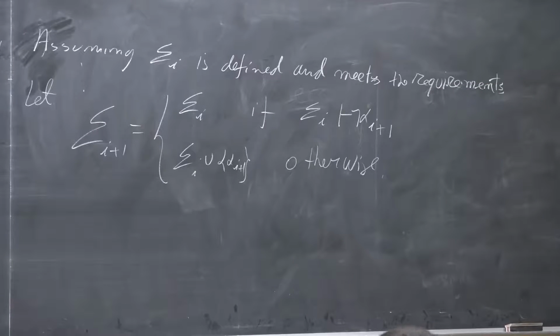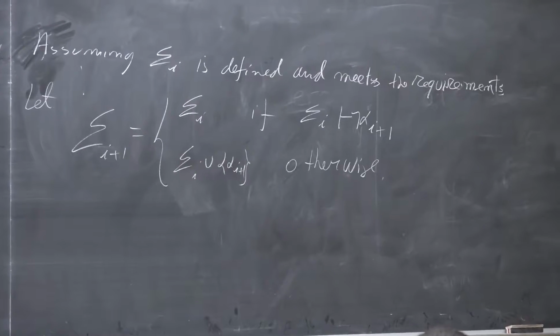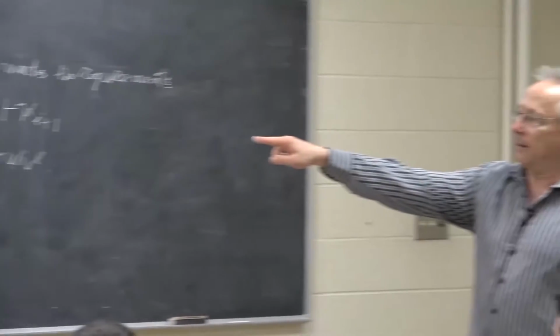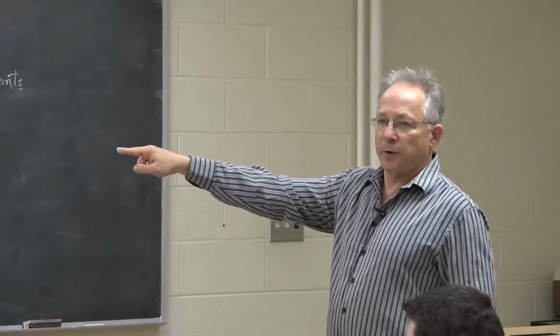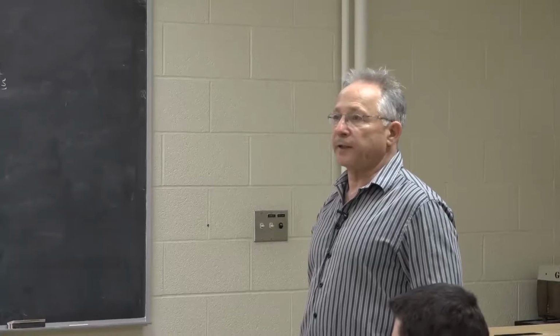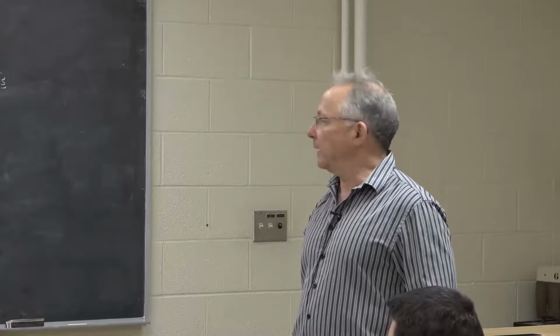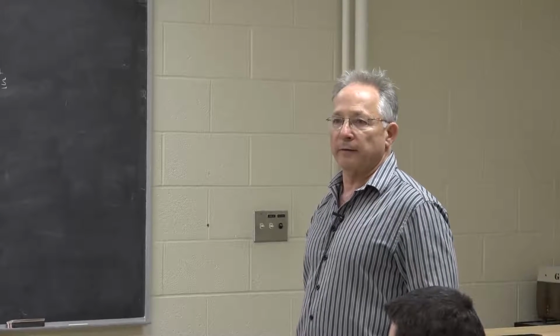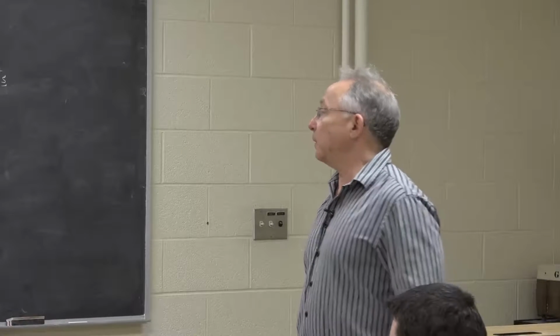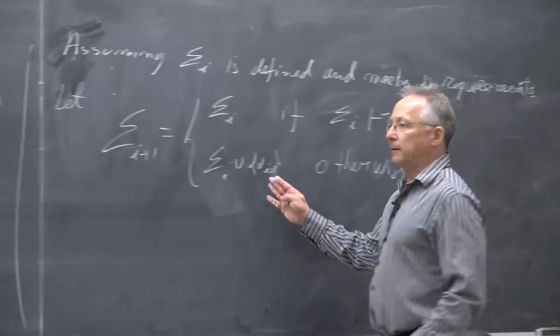So when we get to decide on how to extend sigma I to sigma I plus 1, we pick the next alpha in the list of formulas, the next formula that we haven't decided yet. And we check. If sigma I already made a decision about it, it proved it or its negation, then we don't have to do anything. If sigma I did not prove its negation, then I add alpha I plus 1.